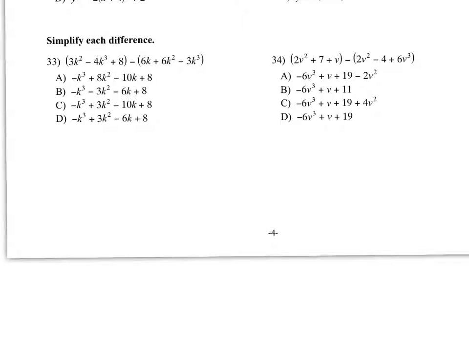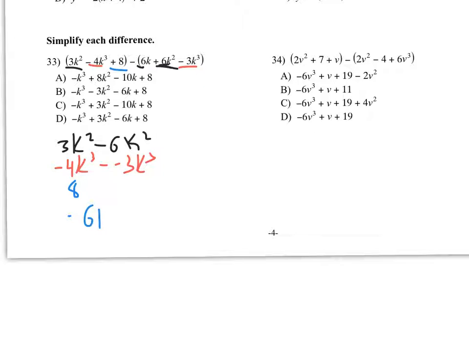For number 33, we've got 3k squared. Ooh, I almost went to the wrong ones, and these are in a different order. So 3k squared minus 6k squared, and then negative 4k to the third minus negative 3k to the third, and then we've got 8, nothing goes with that, and then nothing minus 6k.